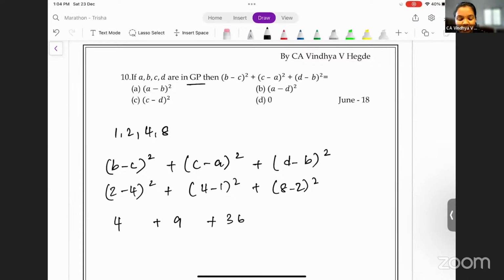So 4 plus 9, 13. 13 plus 36 is 49. So now you have to check which of these options will give you the answer as 49.